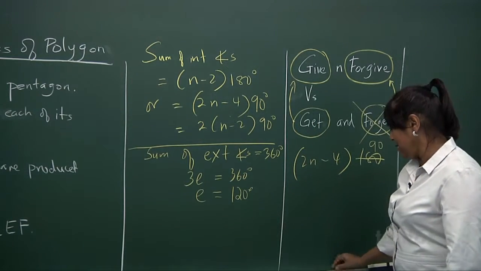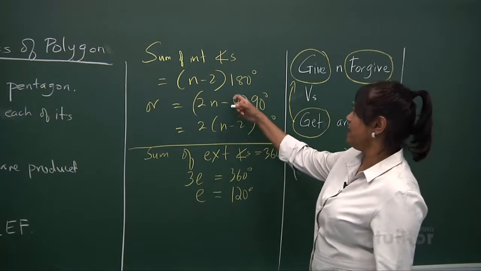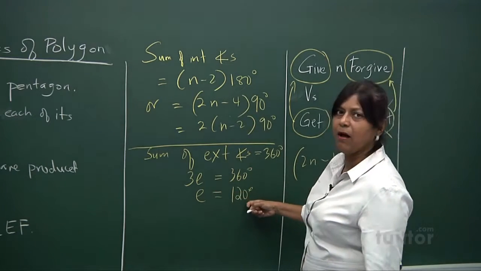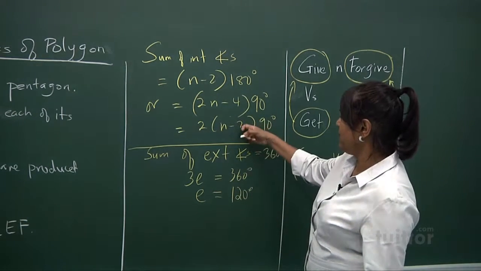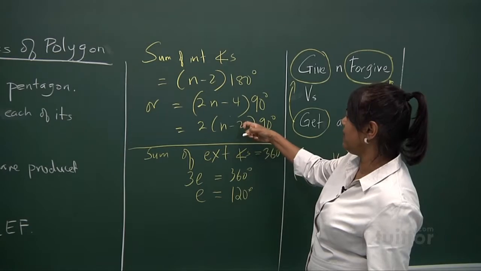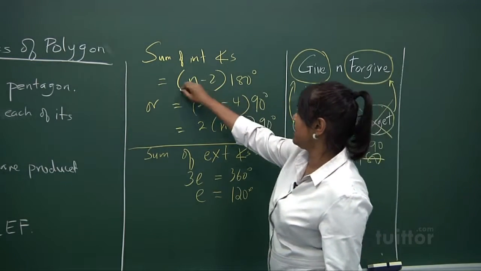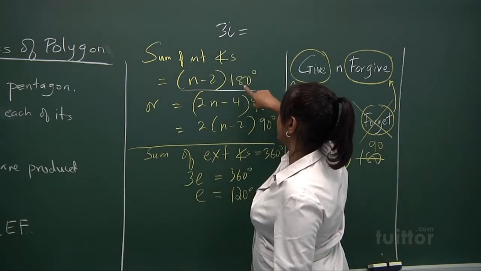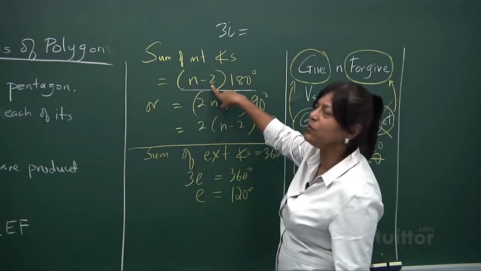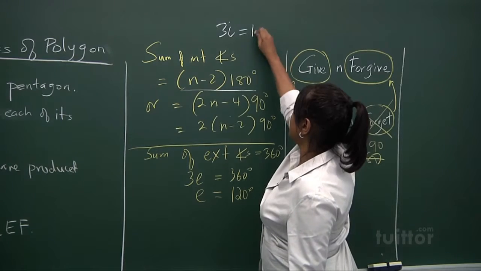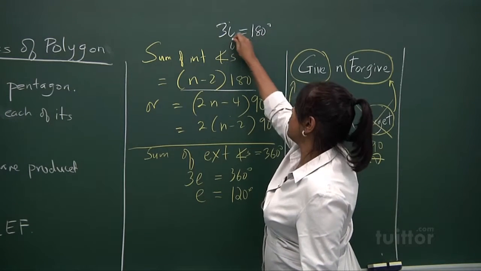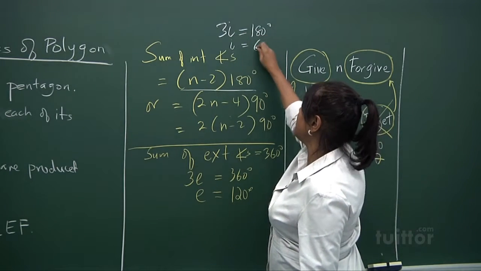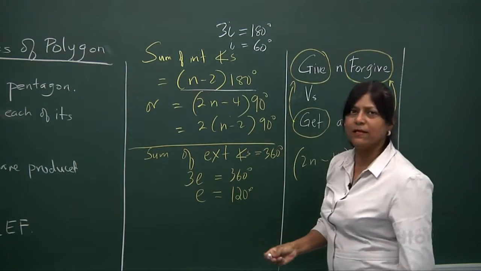This is the exterior angle of a triangle. For the interior angles of a triangle, you've got 3 interior angles, and their sum is (3 minus 2) times 180, which is 180. So 1 interior angle, when you divide by 3, you get 60 degrees.